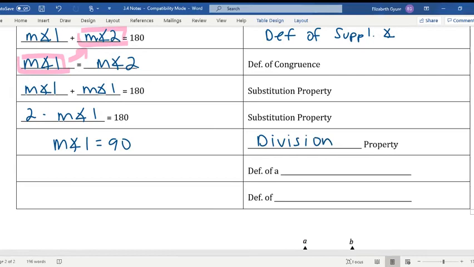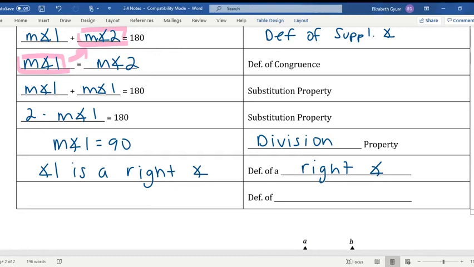Now we're almost done. If angle 1 is a 90-degree angle, what kind of angle is that? What is the name we use for 90-degree angles? Right angle. So we're going to say angle 1 is a right angle. That would be the definition of a right angle, because right angles are 90 degrees. And why do we want that?